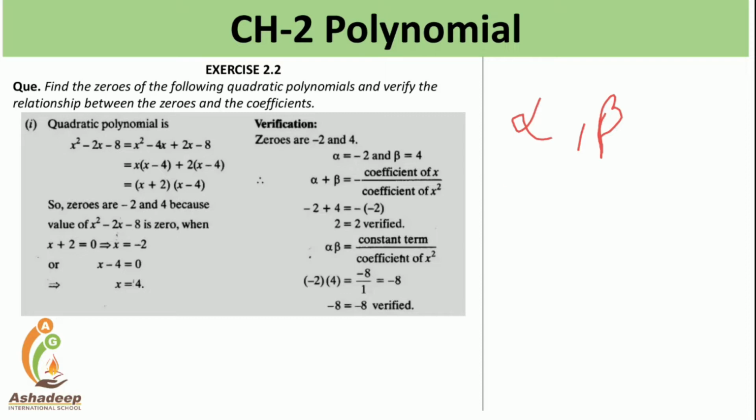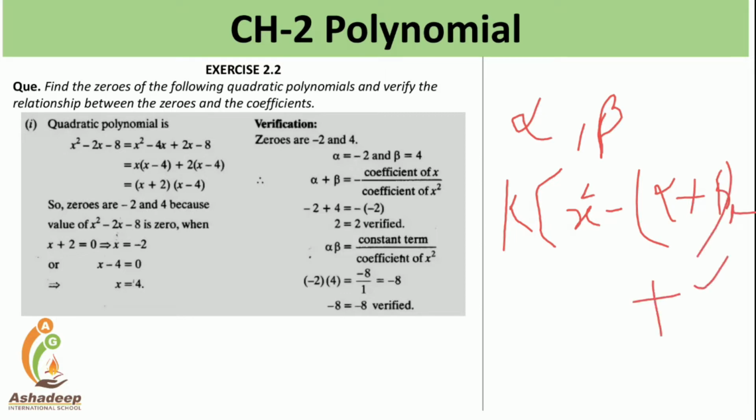So the quadratic equation is k in bracket x square minus alpha plus beta in bracket x plus alpha beta, right? So we need to focus on these three main formulas to solve this exercise, right?